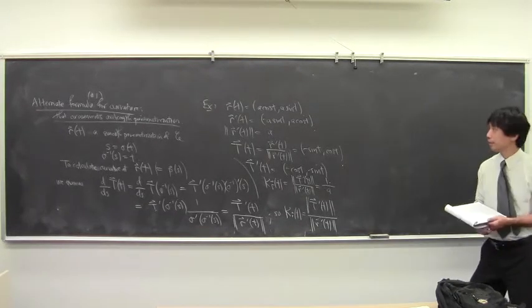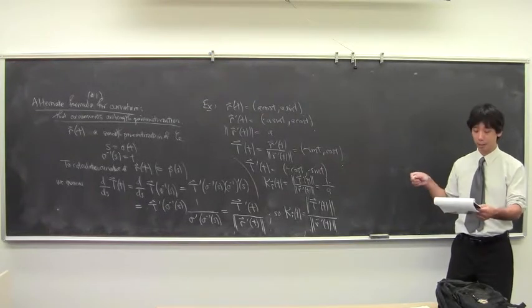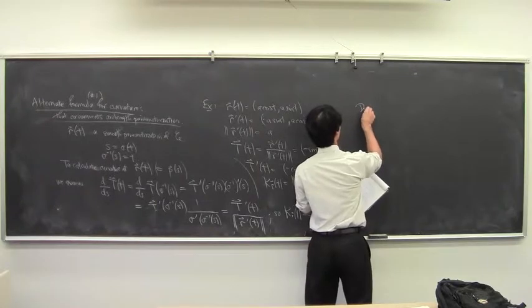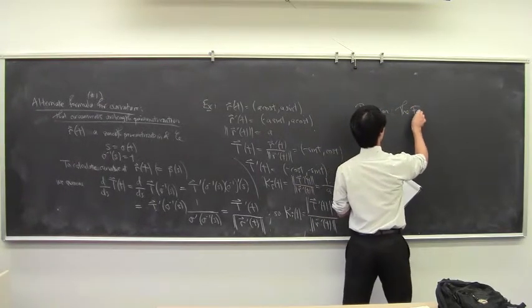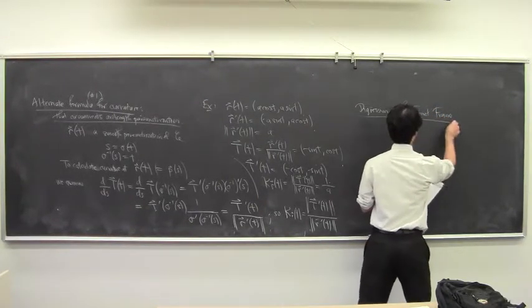Let me, so there's a second formula that gives an alternate way of calculating the curvature, but let me throw in a slight digression right now. So, digression. There's something called the Frenet frame. Okay.